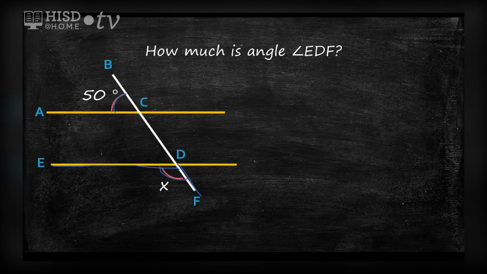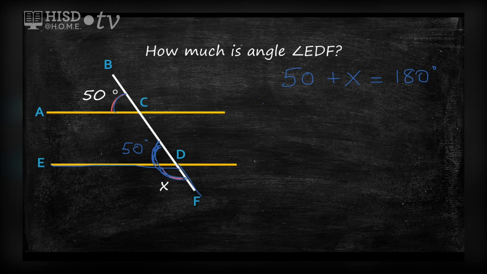We know that this angle right here is corresponding to this one, so that means that this is also 50 degrees, and we can see that these two right here form a straight angle, so I can use the expression 50 plus x is going to be equal to 180 degrees, and this is just a two-step equation.